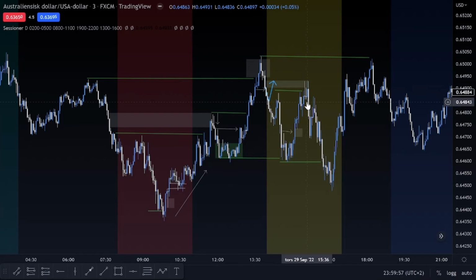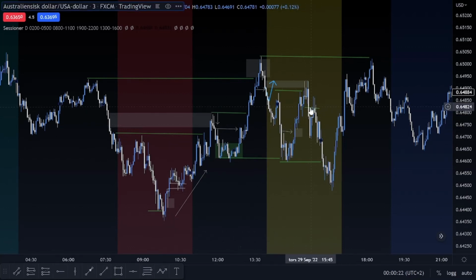So remember, it can do two things. It can break out, pull back and continue. It can break out, pull back and reverse. In this case, this swing should support price from going lower, but it fails to support. Instead, we have a breakdown, we have displacement, we have a fair value gap created.